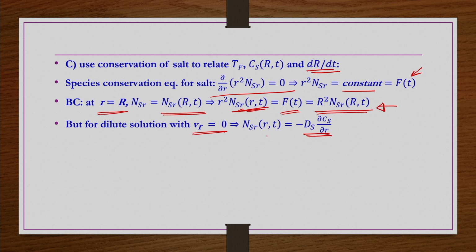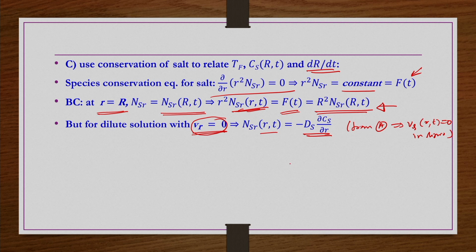So, NSR as a function of small r comma t is nothing but minus Ds dou Cs by dou r, because VR is equal to 0 in the liquid, which we have seen in problem A. From problem A, we have already proved that VR as a function of r comma t is equal to 0 in the liquid. So, in NSR only the diffusive flux contribution would be there, and the convective flux contribution would not be there. So, NSR at small r comma t is minus Ds dou Cs by dou r.